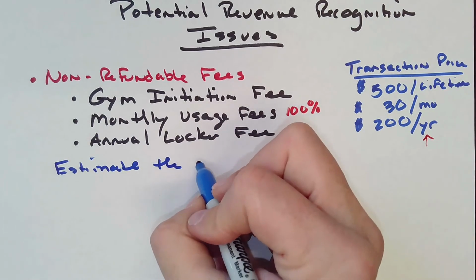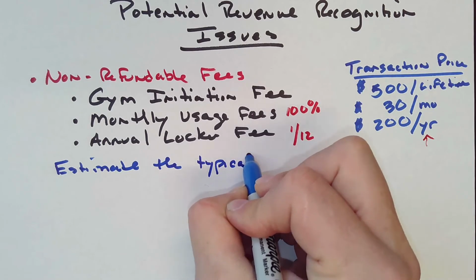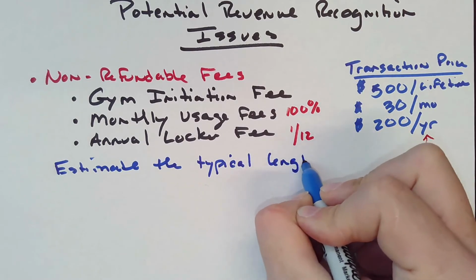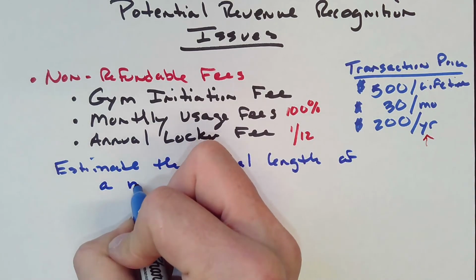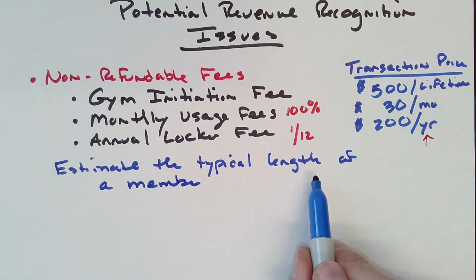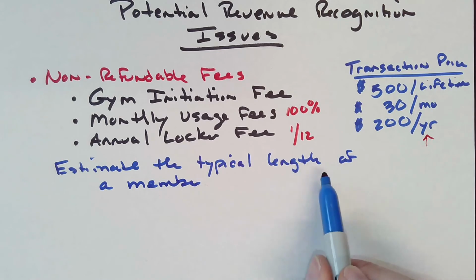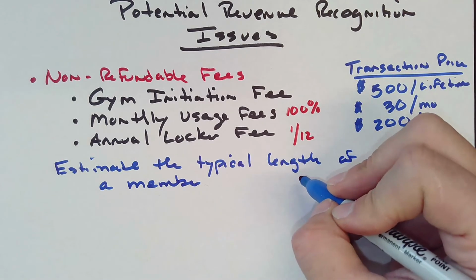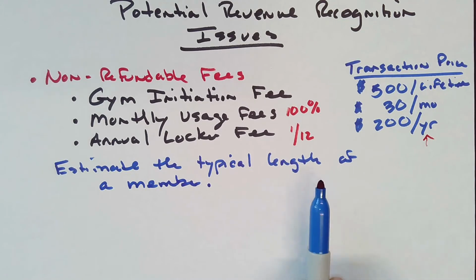the typical length of a member. When I say length of being a member, I mean how long, time. And then given this estimate, I can take that estimate.